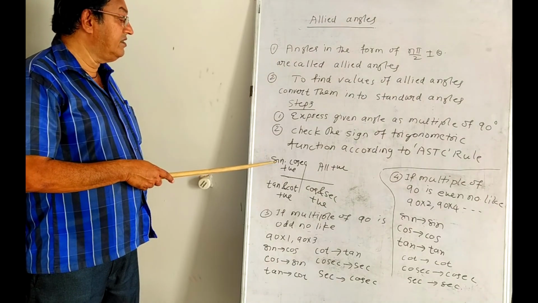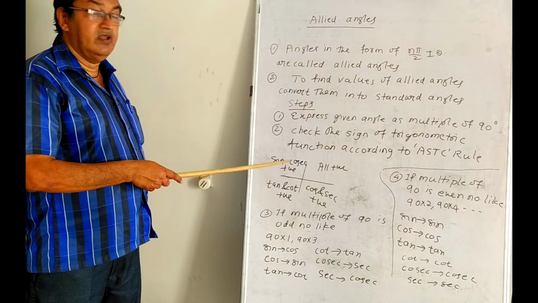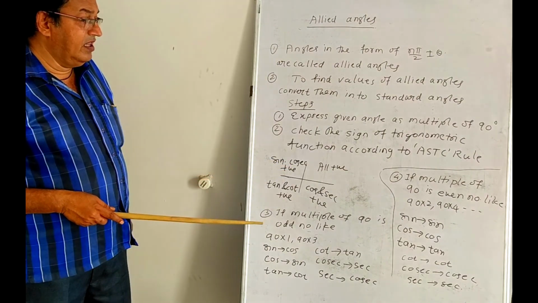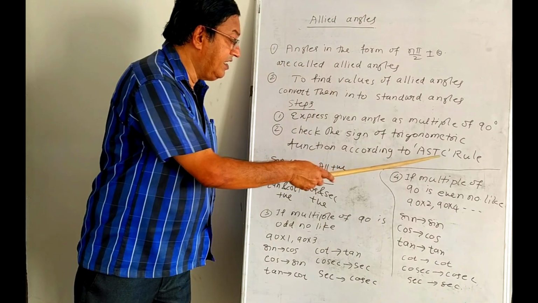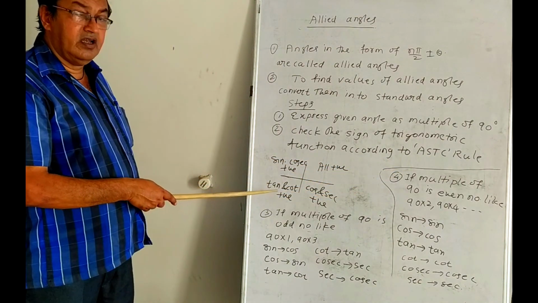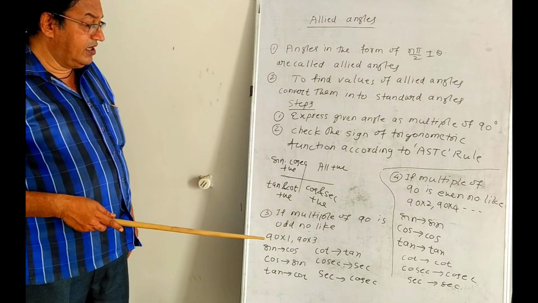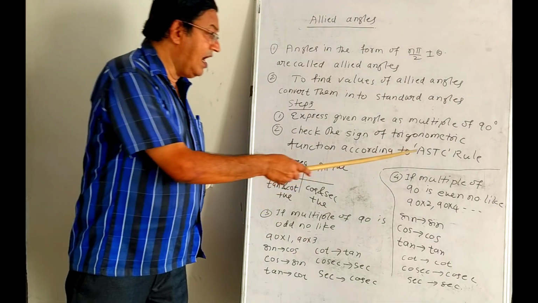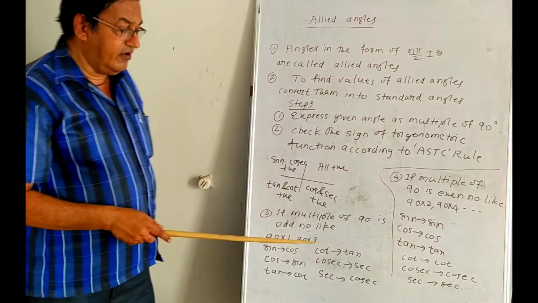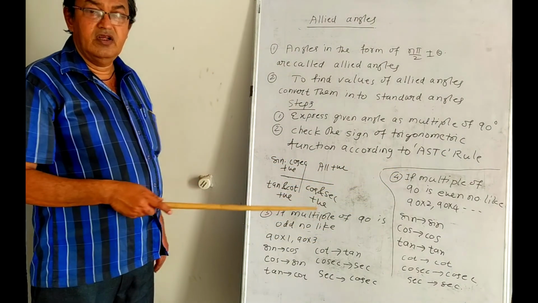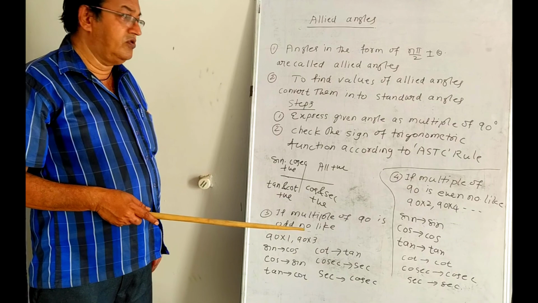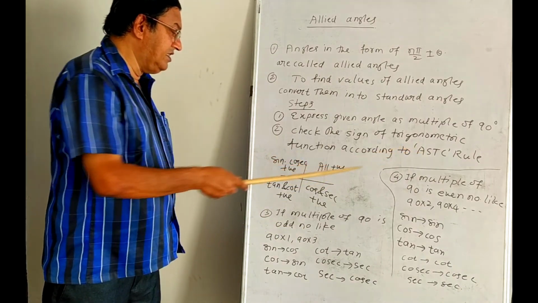Sine and cosec are positive in the second quadrant. Then the third alphabet, T, refers to third quadrant. In third quadrant, tan and cot are positive. Rest all are negative. And the last alphabet, C, refers to fourth quadrant, that is cos and sec are positive. This is called the ASTC rule.